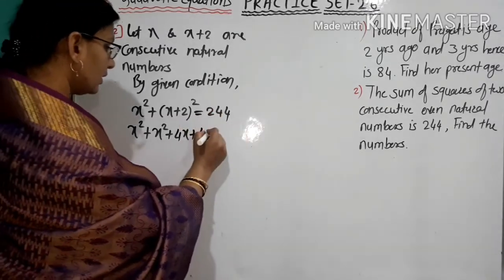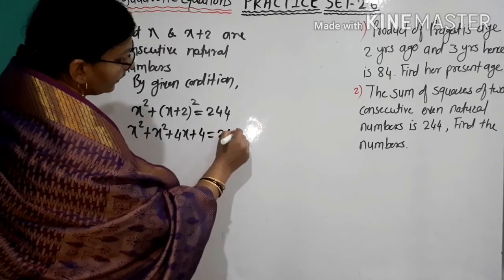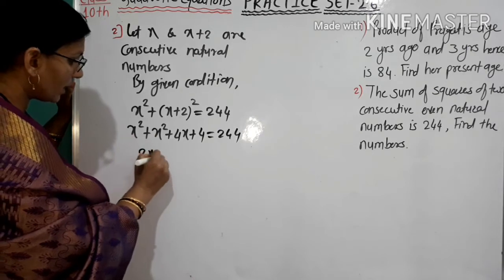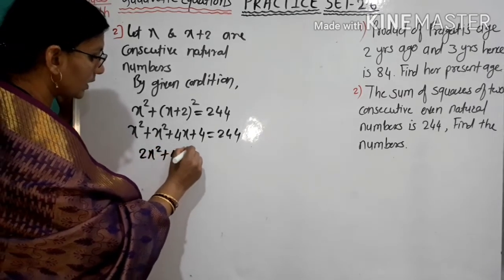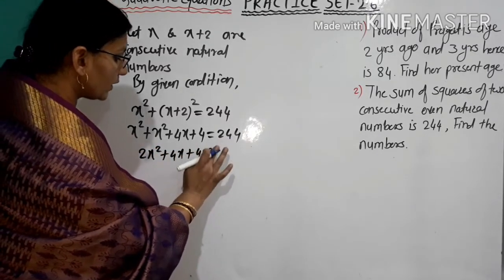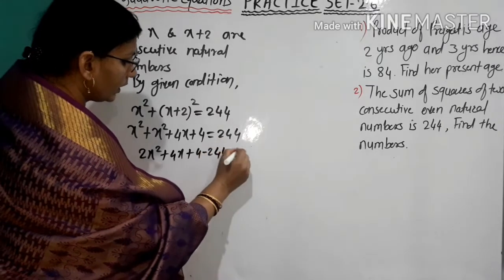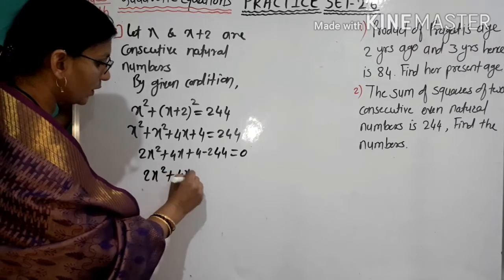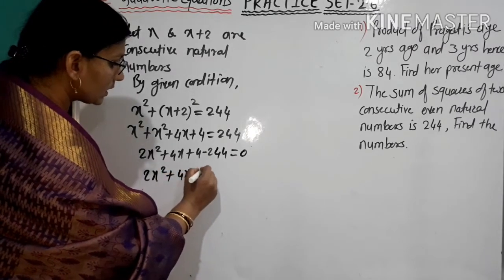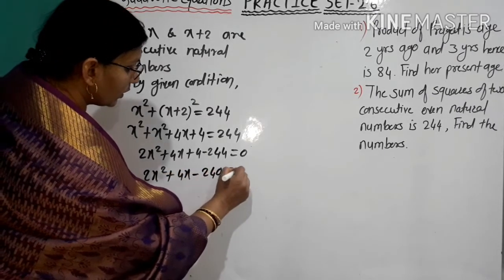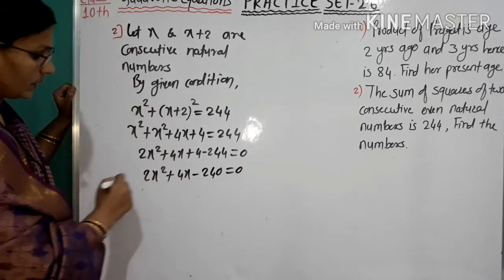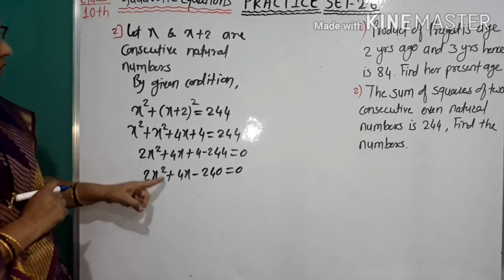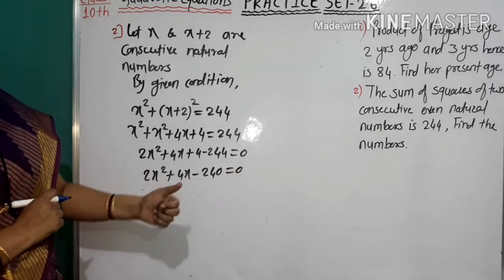Take all terms to the LHS. x square plus x square is 2x square, plus 4x plus 4 minus 244 equal to 0. That is 2x square plus 4x minus 240 equal to 0.